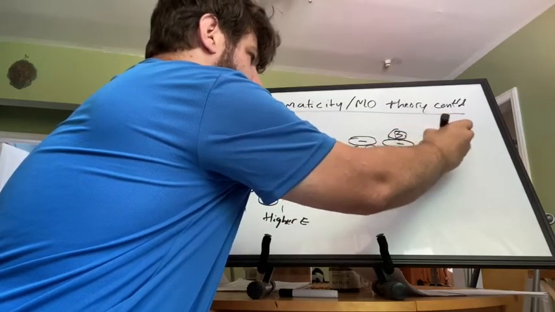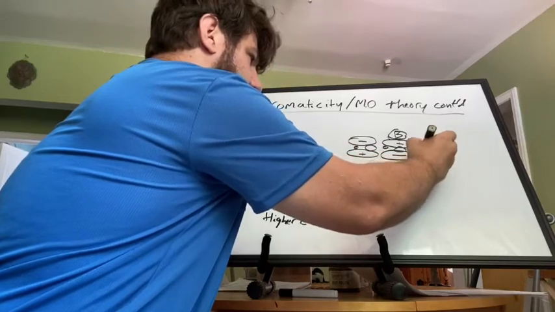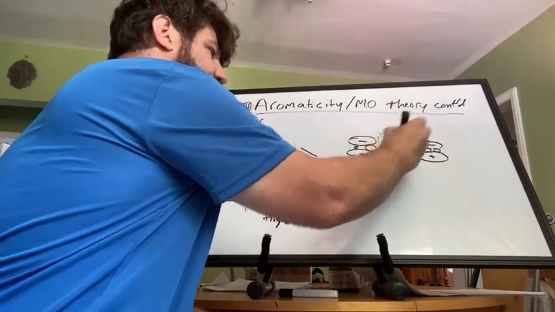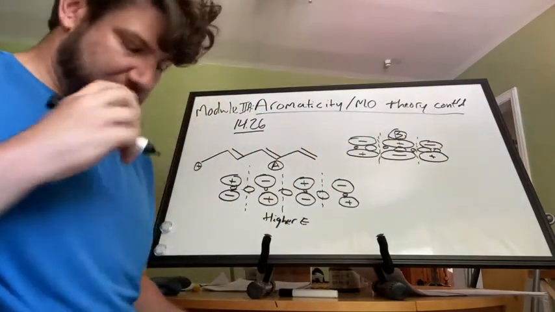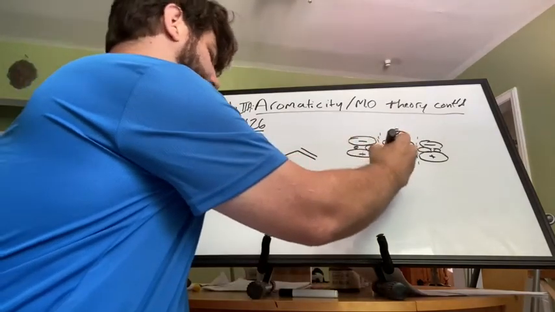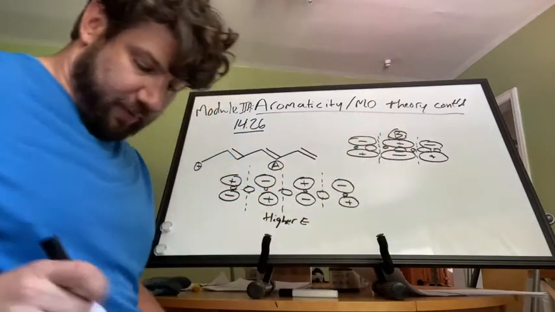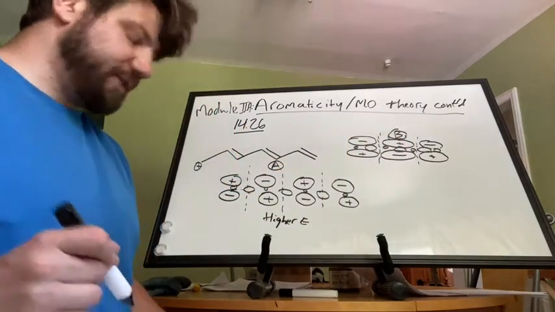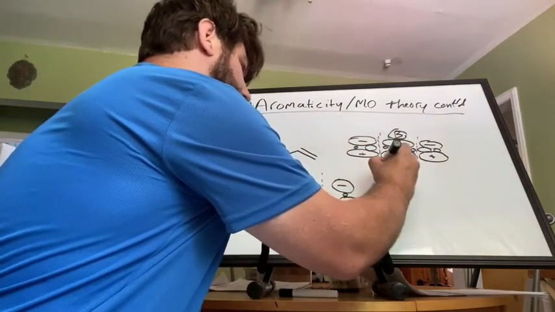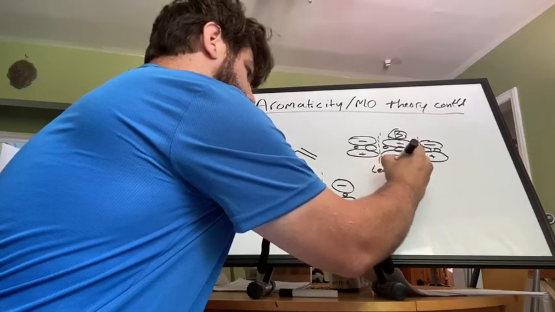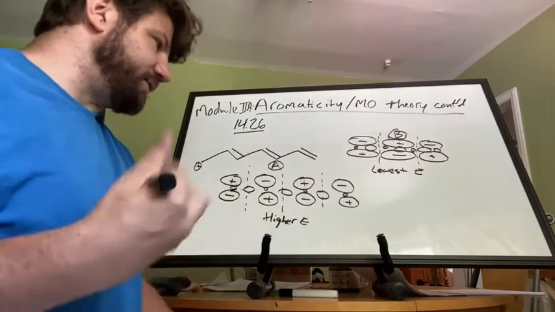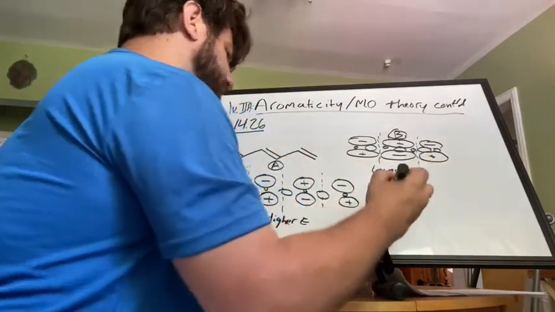All right, so now there are going to be a total of two nodal planes. Okay. And so of all the three that you see here between A, B, and C, this is going to have the lowest energy. Why? Because it has the fewest nodal planes, and I'll show you for C why that's the case.